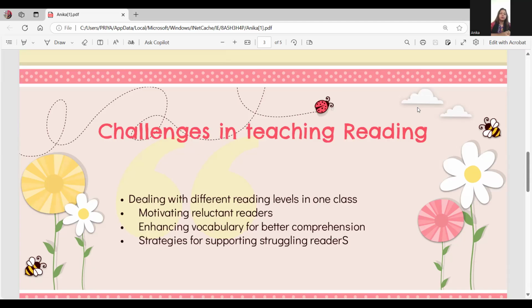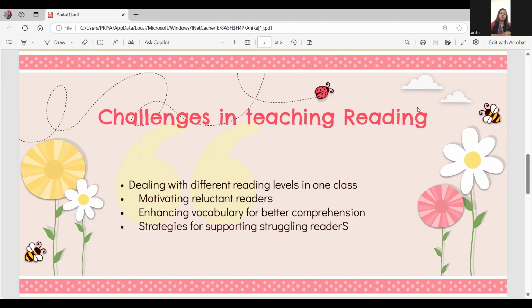Another problem is motivating reluctant readers. Many students lose their motivation and their confidence to find reading useful in the classroom. Another problem is enhancing vocabulary for better comprehension.